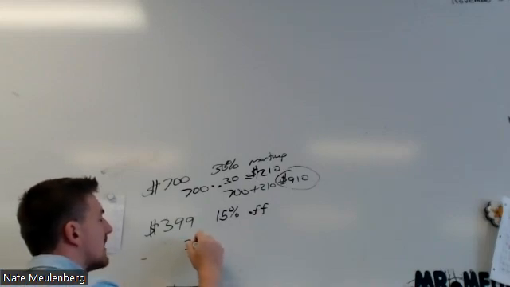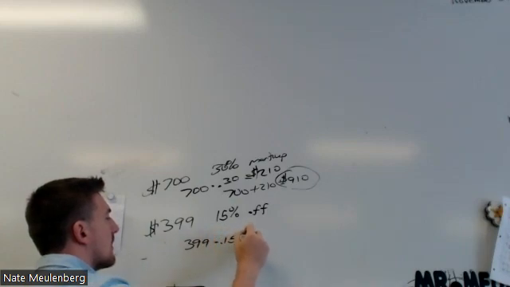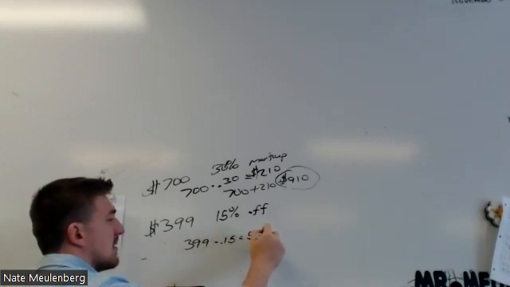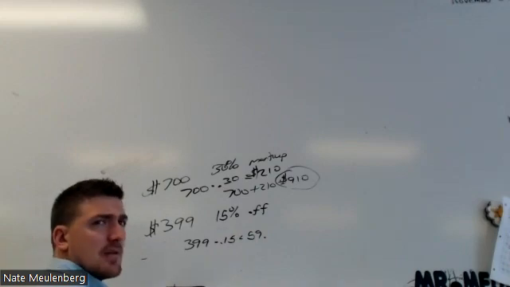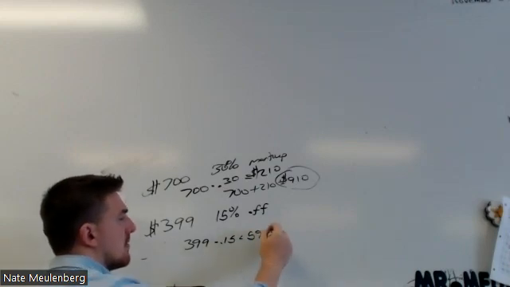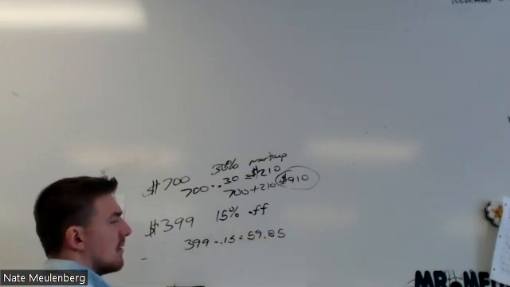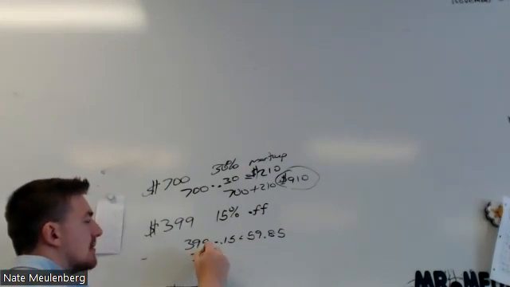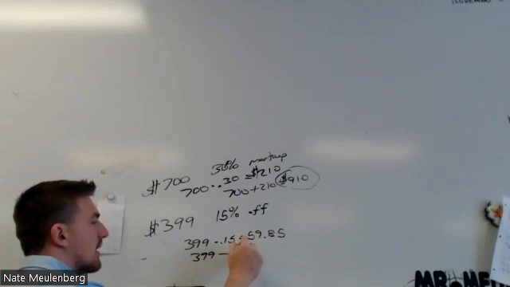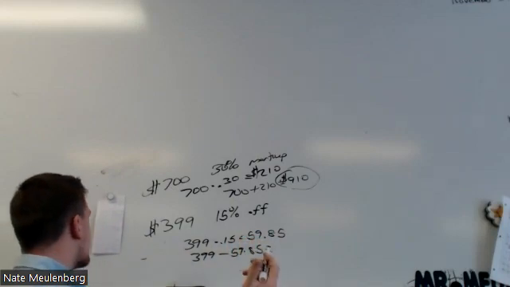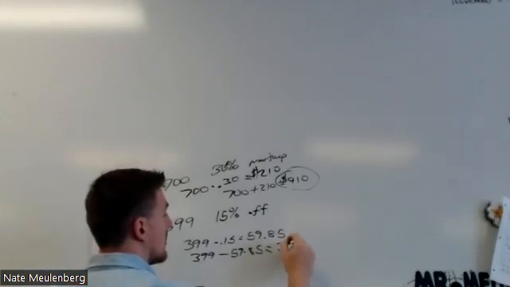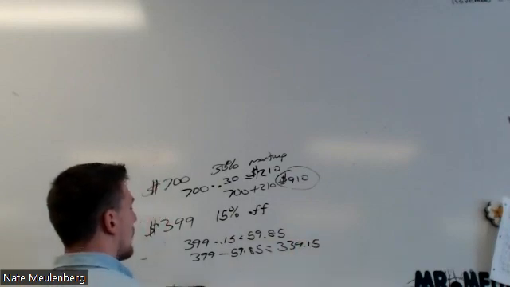So we do 399 times 0.15. You get 59.85. Is that what you said? Okay. And then you take 399, subtract 59.85, and you get, I think, 339.15.